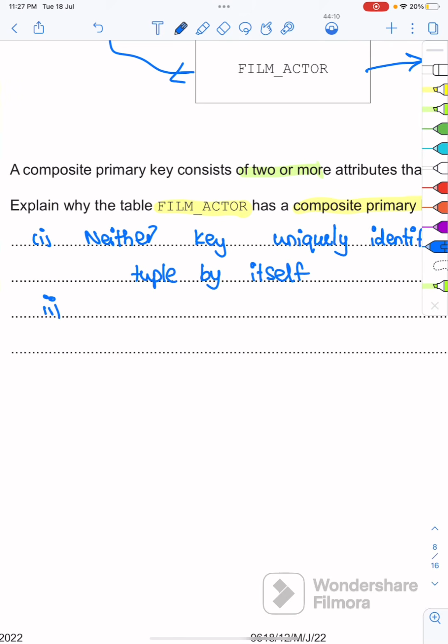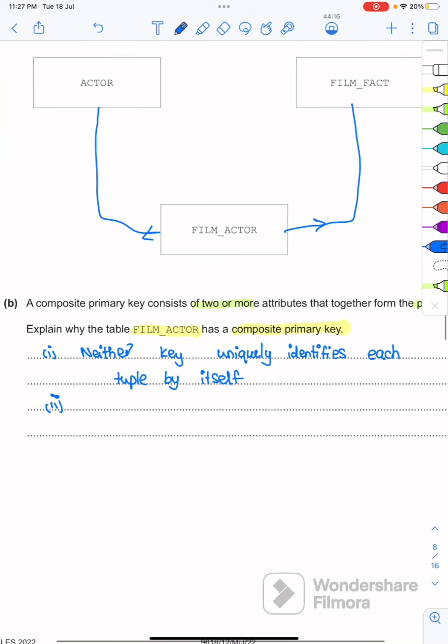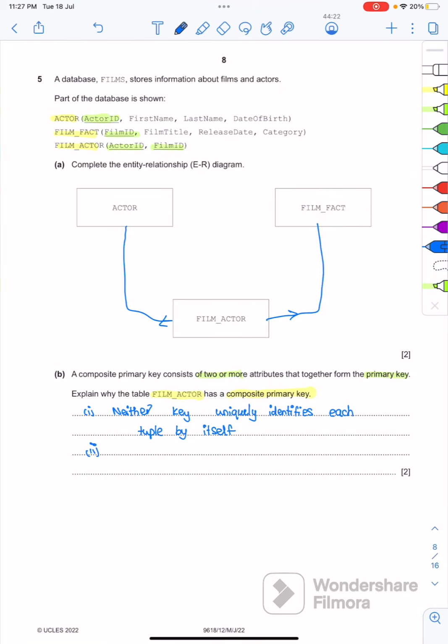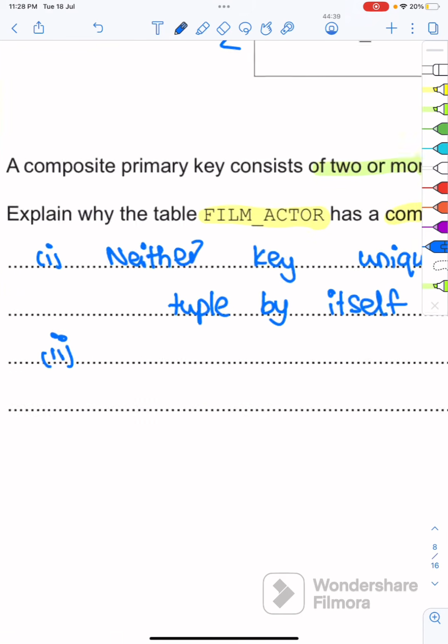And the second one, again, you just use common sense. One actor cannot appear in the same film twice. Whatever film it is, that actor is going to come in it once. You're not going to have The Wolf of Wall Street with Leonardo DiCaprio appearing twice in it. Cillian Murphy is not going to appear twice in Oppenheimer.